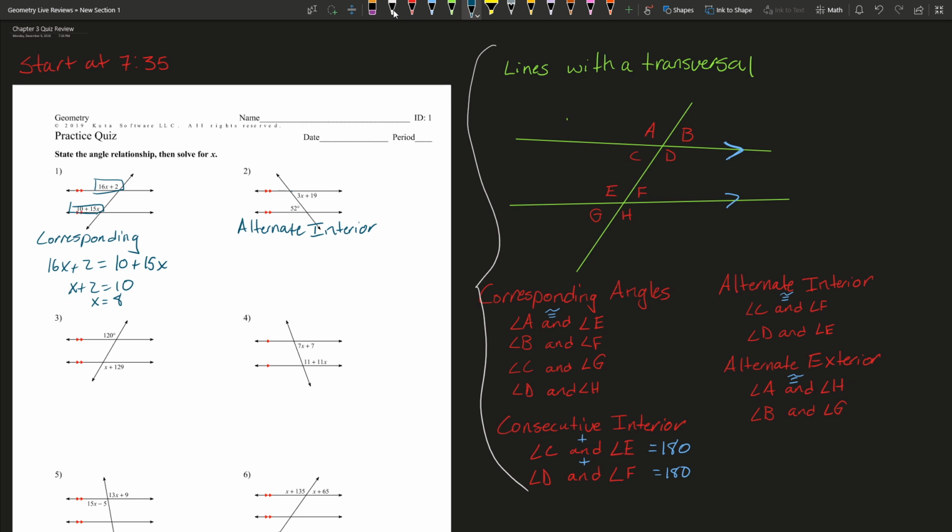Because we are talking about alternate interior angles and these two lines are parallel, they're going to be congruent. So we set 3x plus 19 equal to 52. Subtract 19 from both sides to get 33. Divide by 3 to get 11.